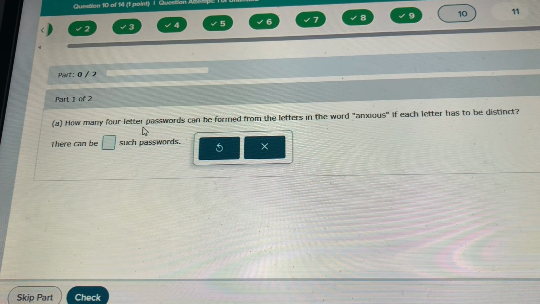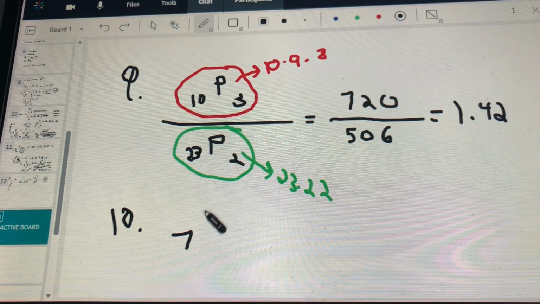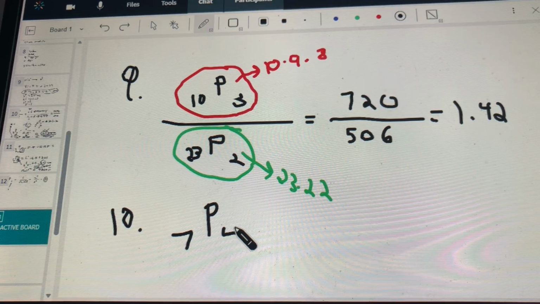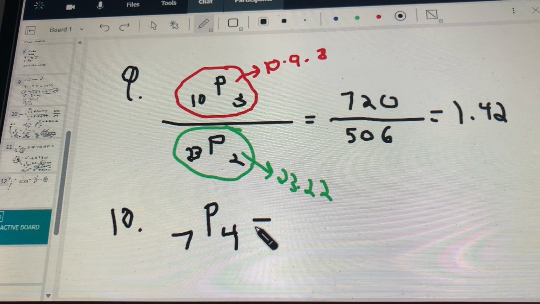I could use all 7, but for some reason you only want a 4-letter password. This is literally a permutation right here. I have 7 total to pick from. Order matters when you're making a word. The spelling of a word matters. With a password, order matters. If you put the password in backwards, it doesn't work. And I have to choose 4 of them for whatever reason. I could have done all 7, but it can just be 4.